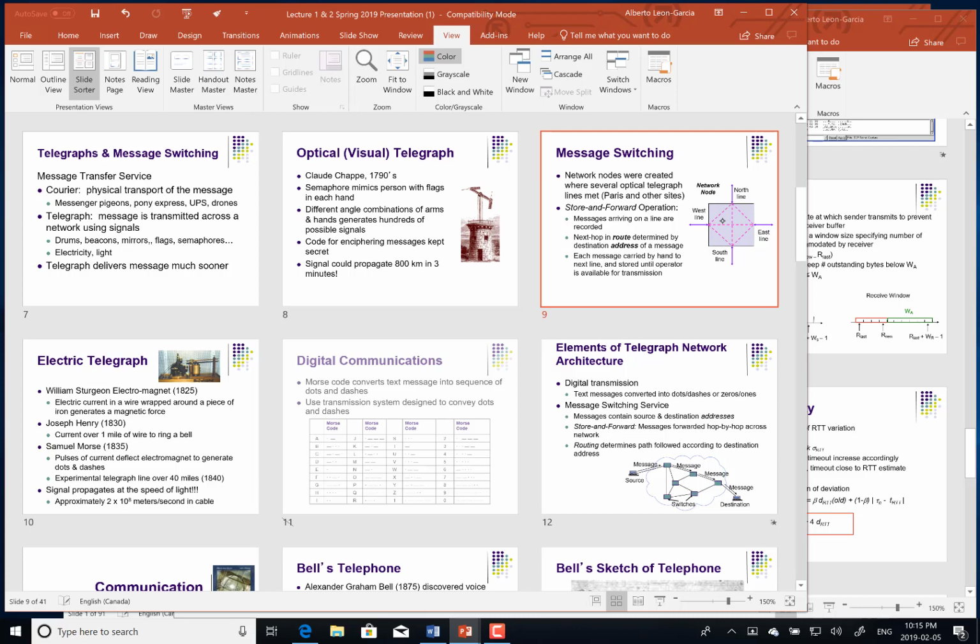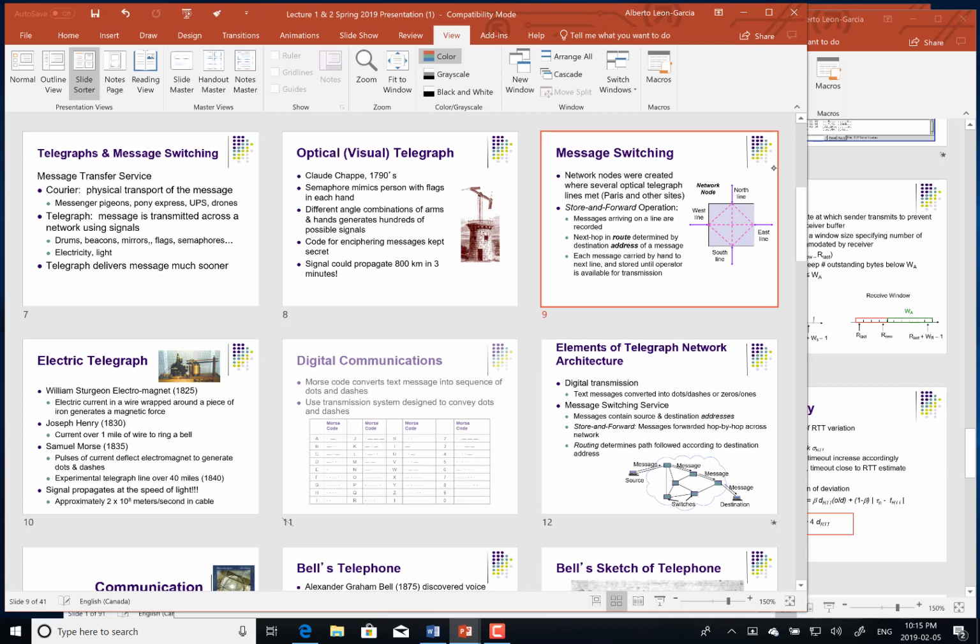And the basic function in the network was to be able to route the telegraphs from one node to the next so that the message progressively got from the input and worked its way to the desired destination. And this process is called store and forward.